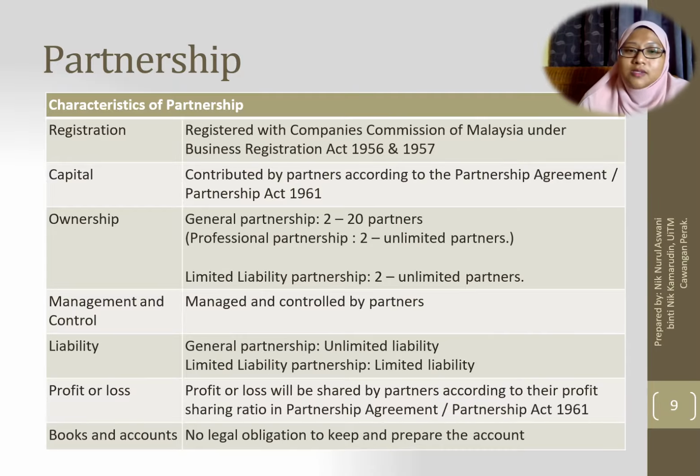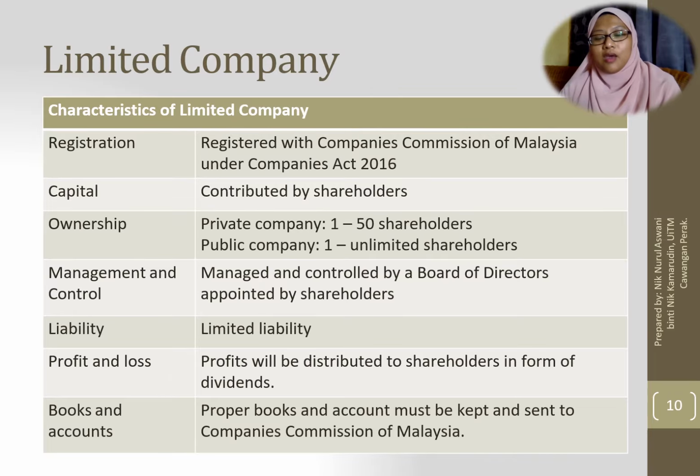So now let's look at the last one, the limited company. For a limited company, the characteristics are very much different from sole proprietorship and partnership. In terms of registration, it is registered with the Companies Commission of Malaysia, but a limited company is put under the Companies Act 2016.